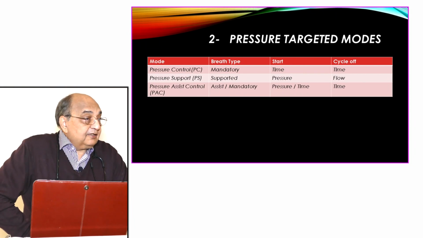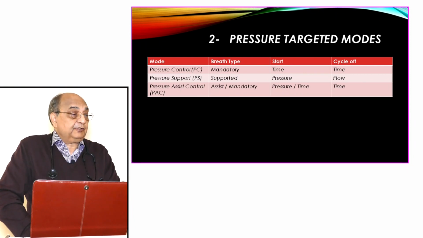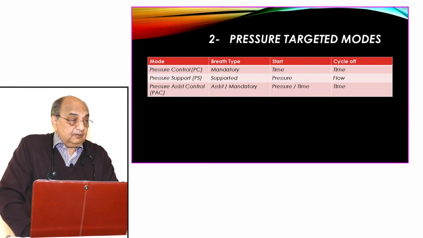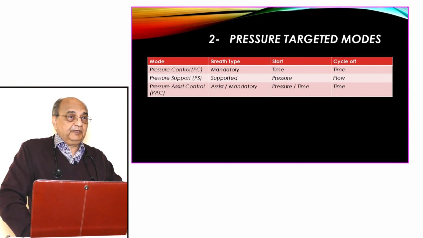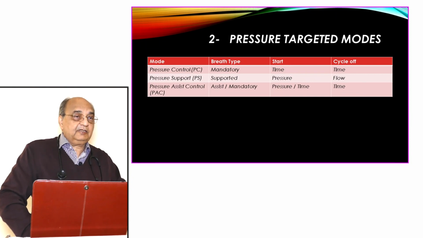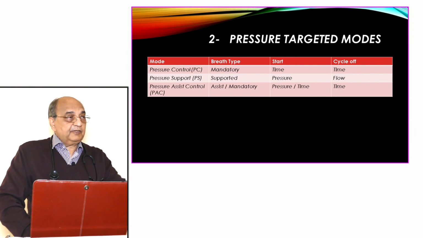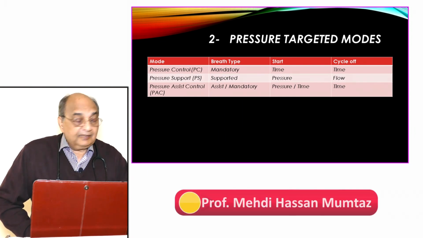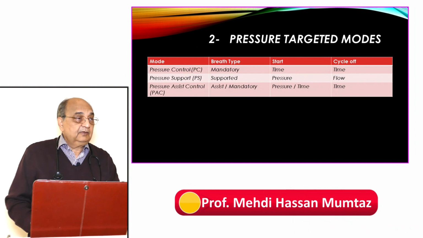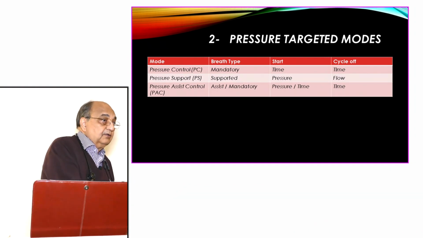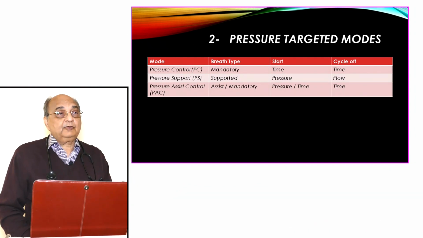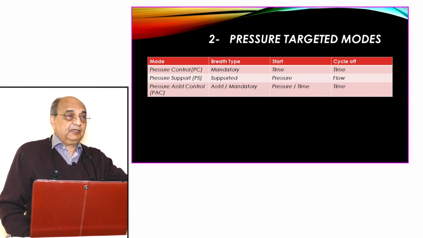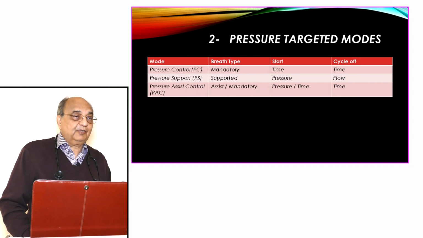Now, the pressure targeted modes. The simple one is pressure control mode. It's mandatory when the patient is completely flaccid and not breathing at all. We put them on pressure control mode. For a certain time, under a certain pressure, we are giving the gases into the lung, but the target we already know: how much the tidal volume of this patient should be.